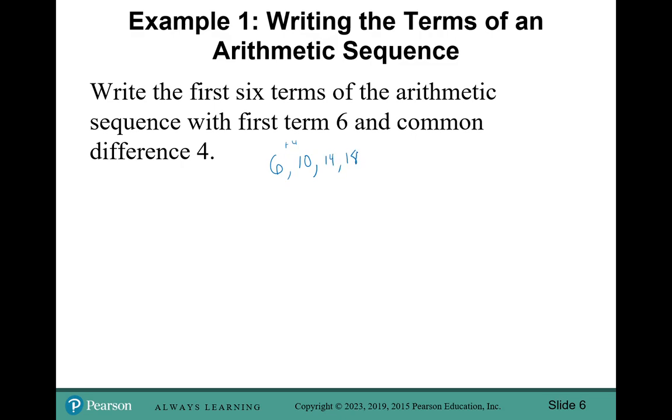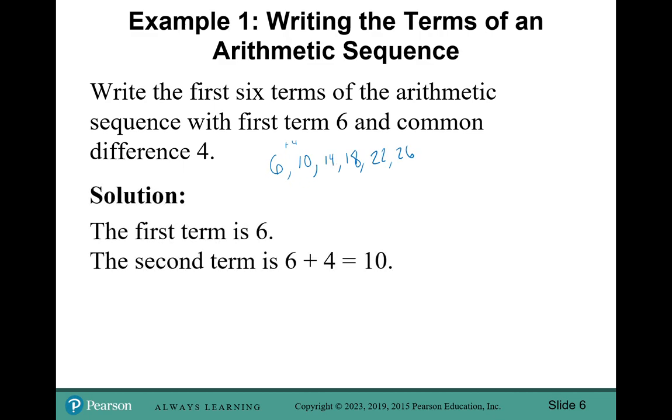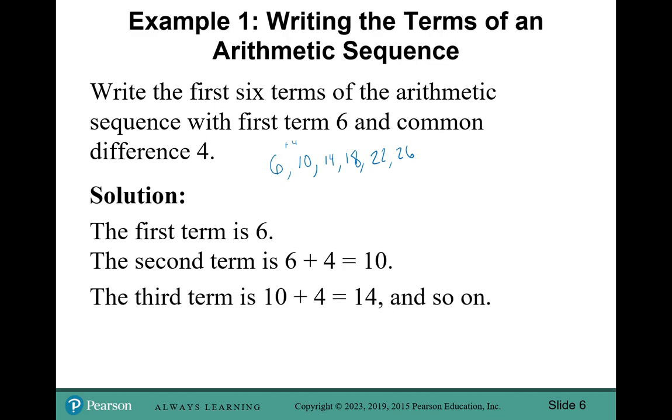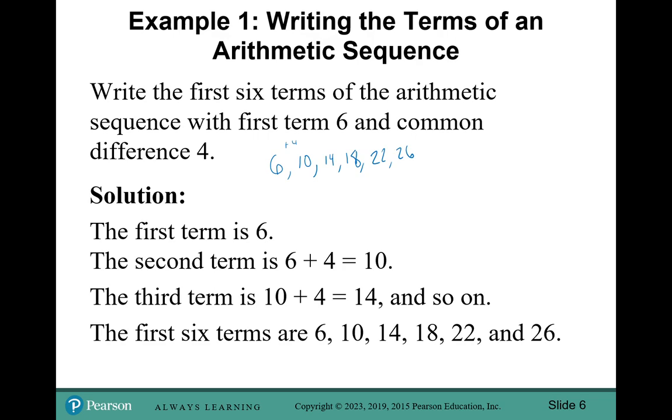Add another 4, that's 18. 18 plus 4 is 22. 22 plus 4 is 26. So far we got 1, 2, 3, 4, 5, 6 terms: 6, 10, 14, 18, 22, 26. All we're doing is adding 4.